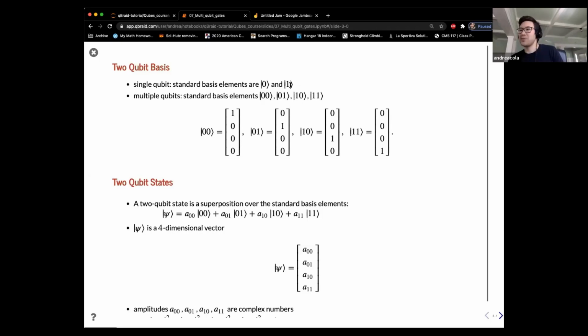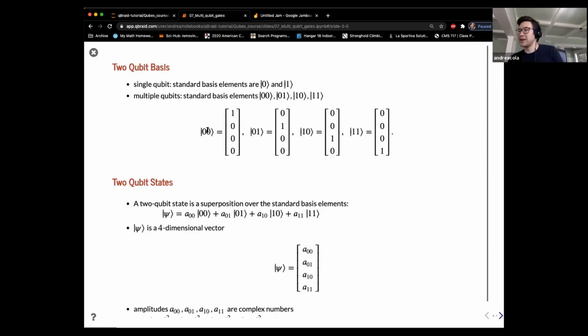For multiple qubits, much in analogy with the 4 possible classical values of 2-bit strings, we will postulate that for 2 qubits, the standard basis elements will be ket 00, ket 01, ket 10, and ket 11.